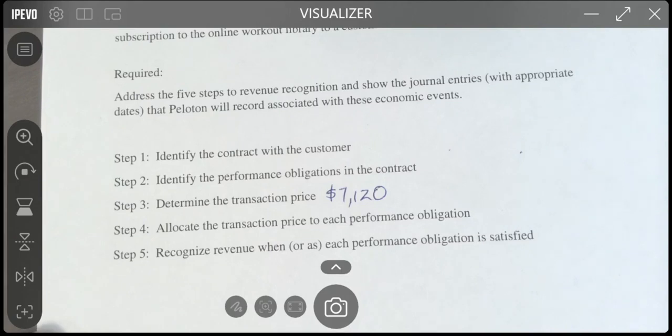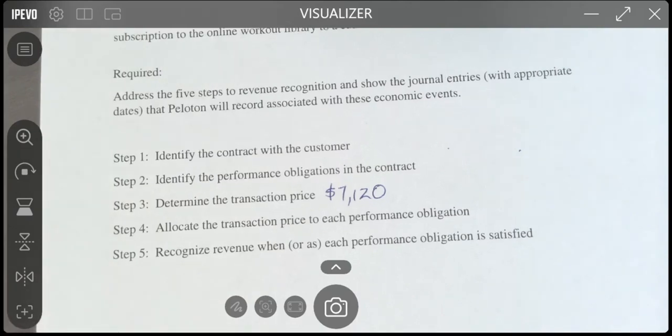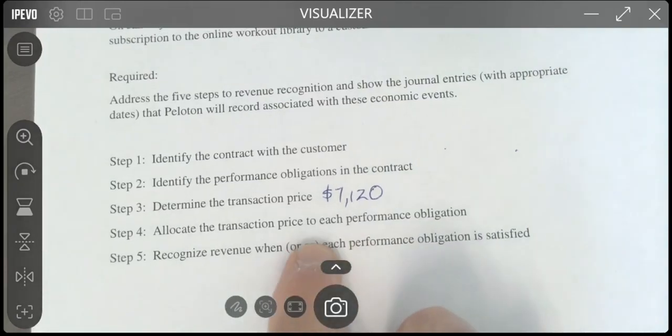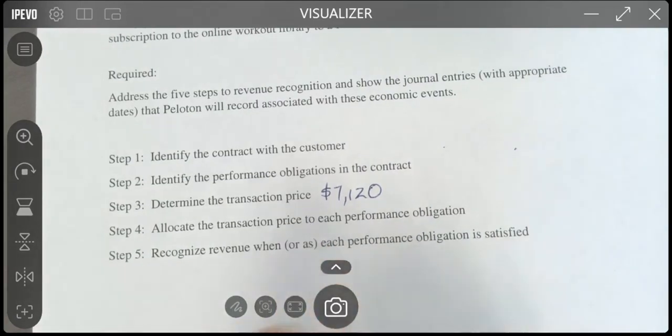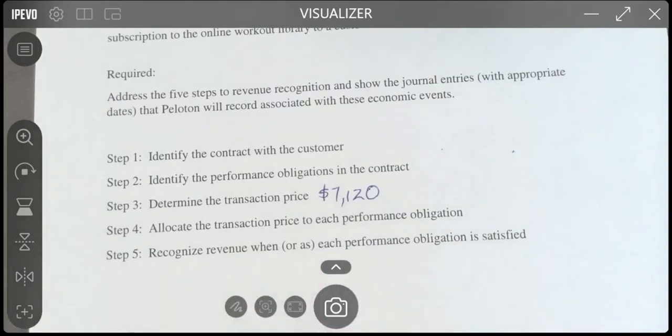Allocate the transaction price to each obligation. Okay, there's something new for us. And then recognize revenue when or as each performance obligation is satisfied. So we will complete these steps in conjunction with doing the journal entries.